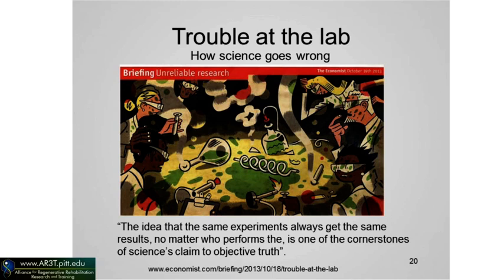This is not my quote. This actually came from The Economist, but I do think this way, that if I do a study in my lab, I should be able to replicate that same study in my lab, and someone else in a different lab should be able to replicate it too. That doesn't happen very often. People don't even try it. And we don't know the degree to which, if you do try it, whether you actually replicate your own results.